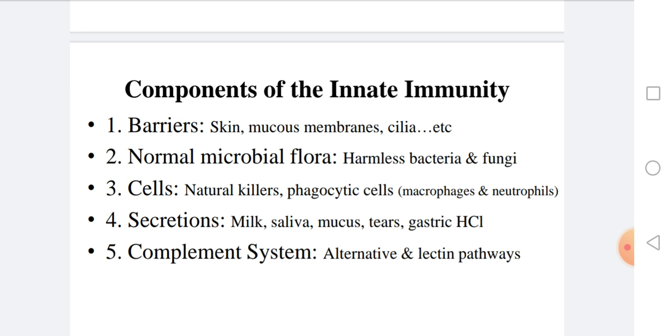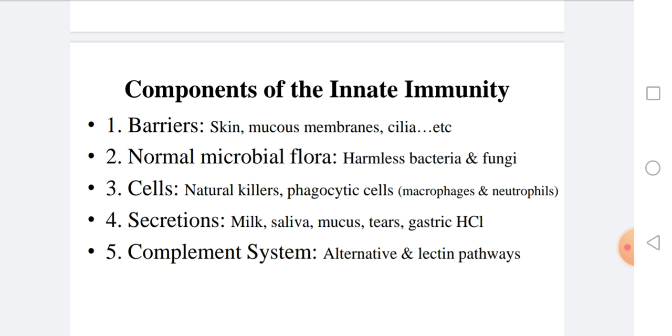Two, normal microbial flora, harmless bacteria and fungi found in the body, mainly in the skin, GIT, mouth, vagina, and so on. They do not cause diseases to the person except in certain situations, but they prevent the pathogens from causing diseases. Three, cells.